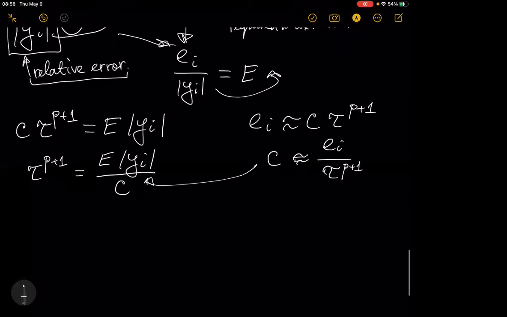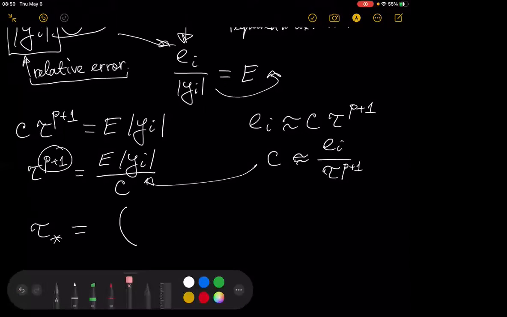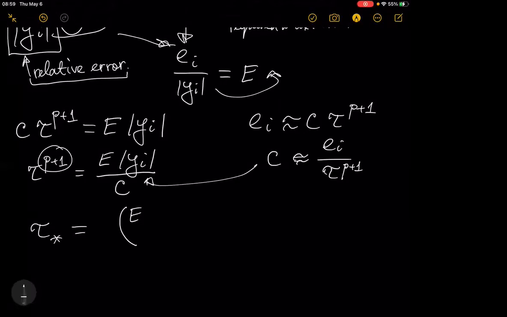I can substitute it here, then compute the root, and I will get that the optimal tau is nothing else but E tolerance times the value of my solution divided by EI, to the power 1 over P plus 1, right?